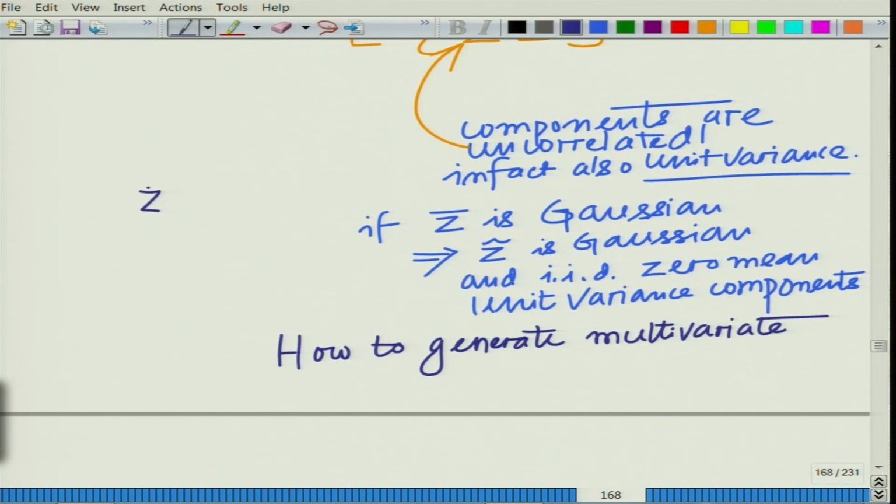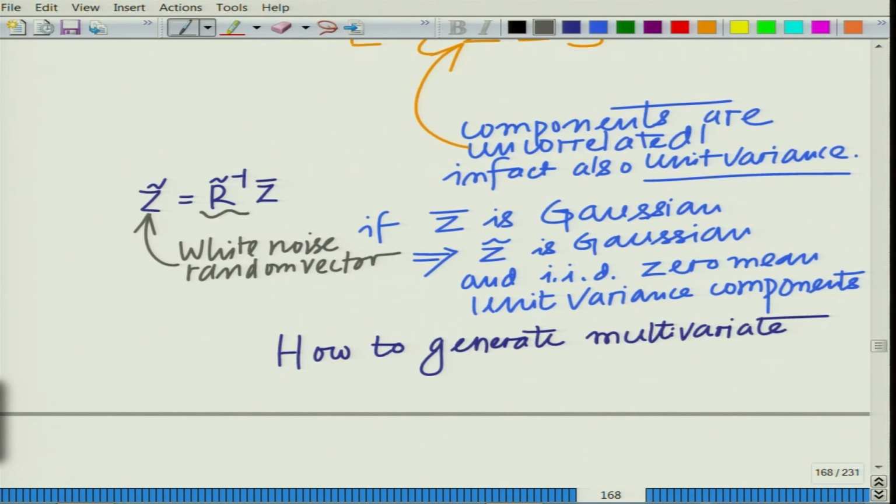Therefore this process, R tilde inverse into z bar, which results in this white noise random vector, is termed as a whitening filter, or this process is termed as whitening. So z tilde equals R tilde inverse z bar, this z tilde is a white noise random vector, and this process can be termed as whitening.